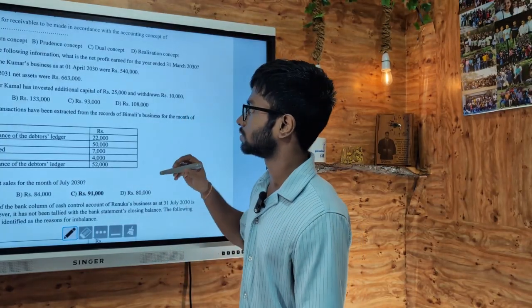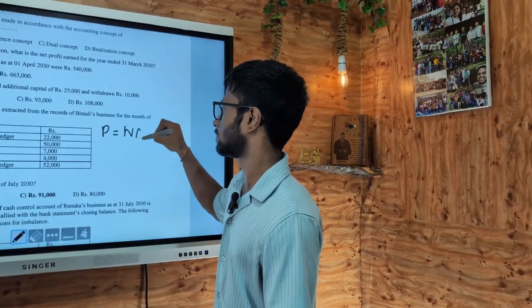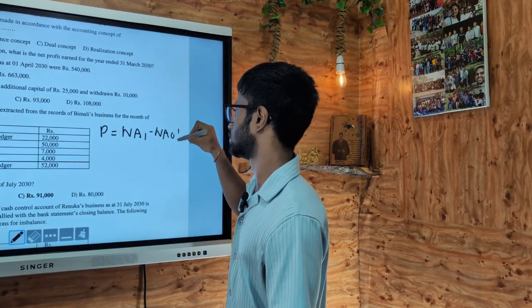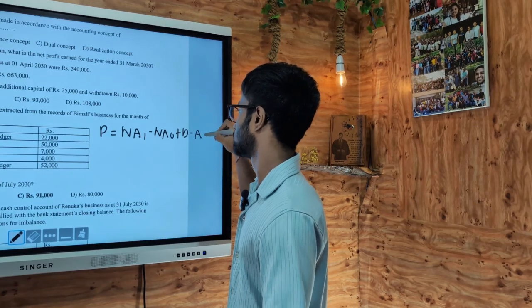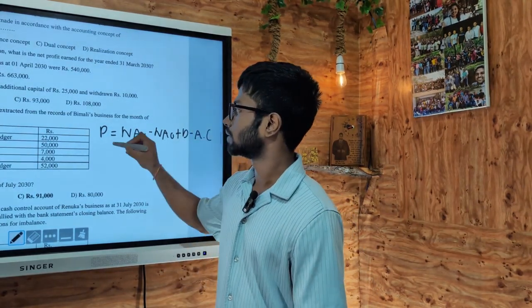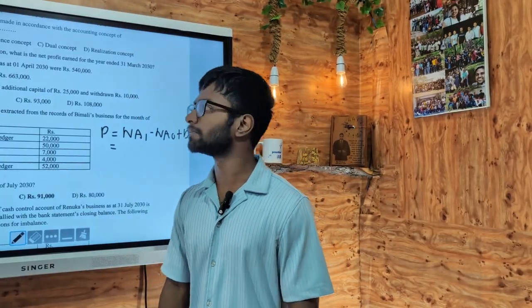So you can write down that equation: profit equals NA1 minus NA0 plus B minus AC, additional capital. I'm not going to explain the equation again because we discussed it one question before.